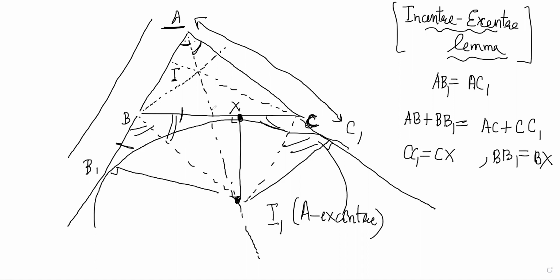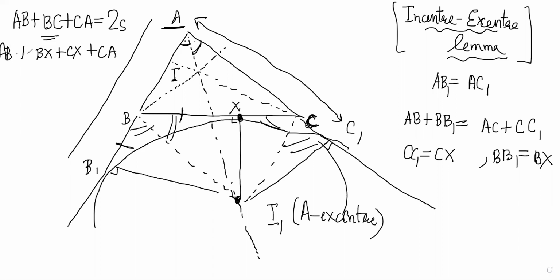Then let's look at the total perimeter of the triangle, which is AB plus BC plus CA. This is equal to twice the semi-perimeter. Now this BC I can break as BX plus CX. So we have CA, and AB plus BX.